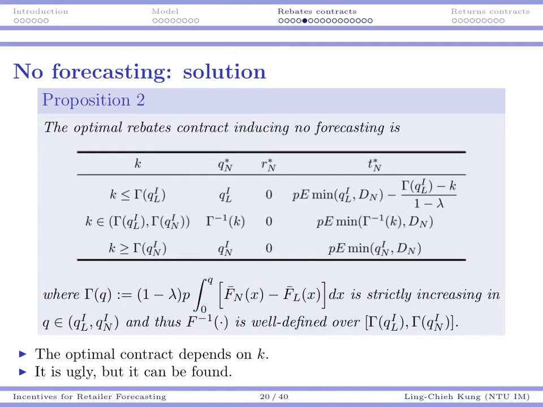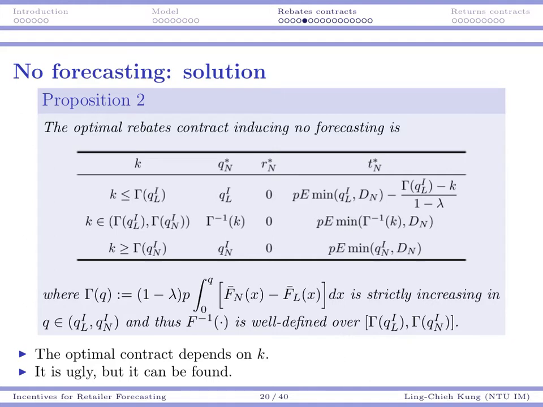Here the gamma function is defined like this. We can tell you that gamma is an increasing function in Q. When Q goes up, your gamma will go up, and that means the gamma function and the inverse gamma function will be well defined.